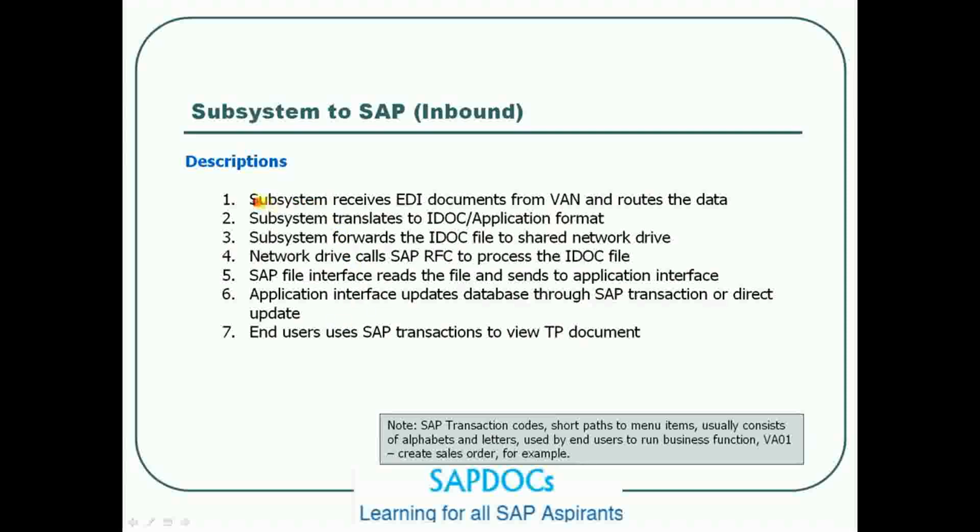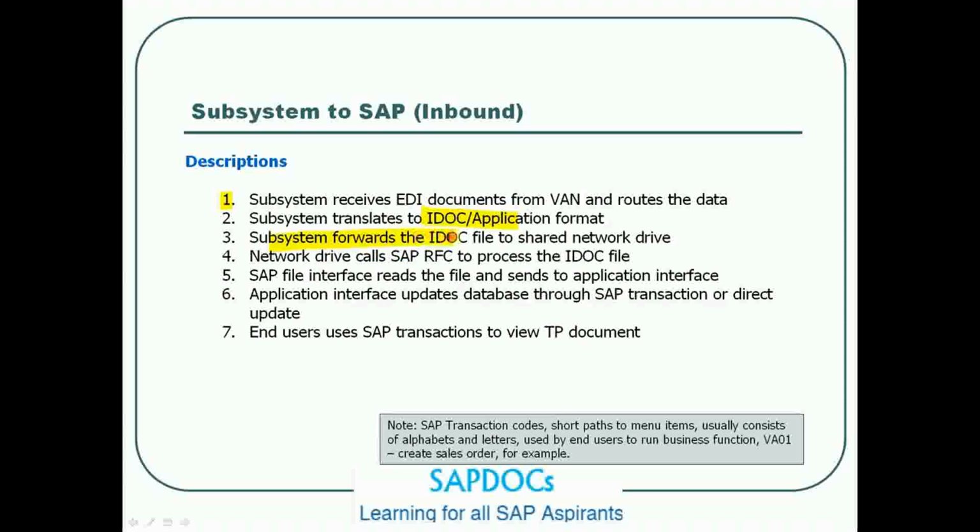On the inbound, step 1, subsystem receives the EDI documents from WAN and routes the data. Subsystem translates to IDOC/application format, because when data has to be sent to SAP, it has to be sent in IDOC format.